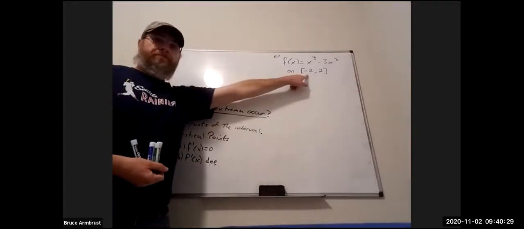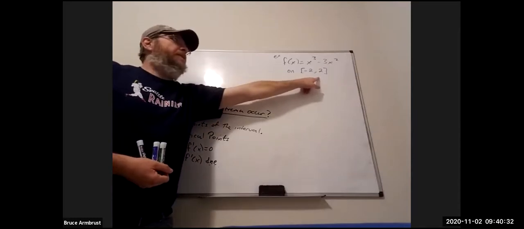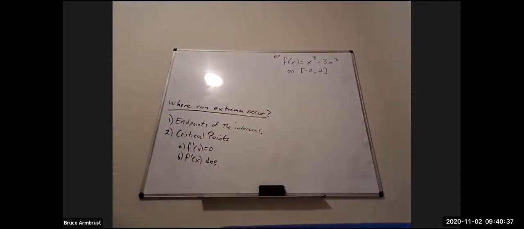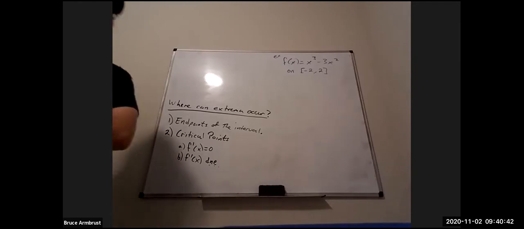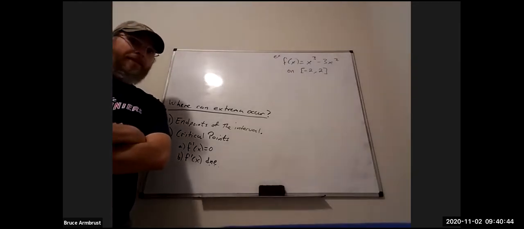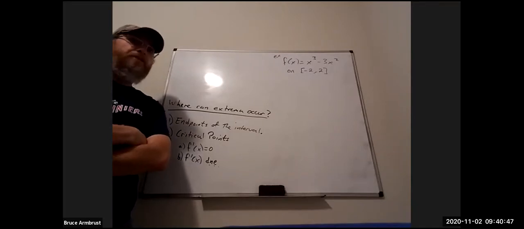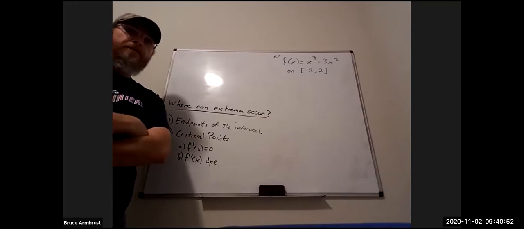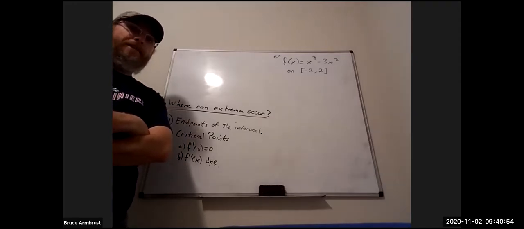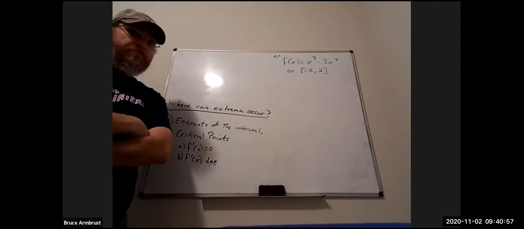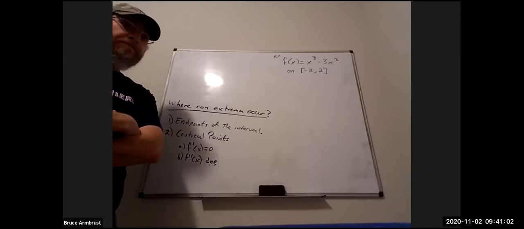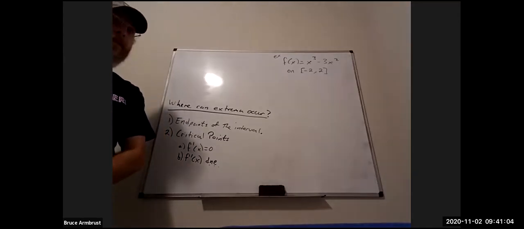So we've got a closed interval, minus 2 to 2. Is f of x continuous on that interval? The answer to that should be a pretty fast yes, because polynomials are continuous everywhere. So this one's continuous on that interval. We know there's going to be an absolute max and an absolute min.